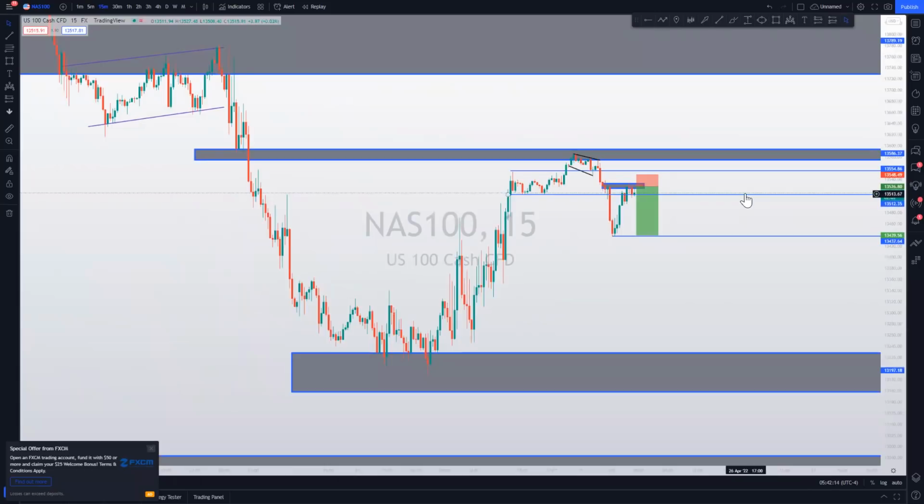Fundamentals don't change the market direction, they just create volatility in the market. You understand? So that's how it is. If fundamentals are coming out, the market can push the direction much faster.